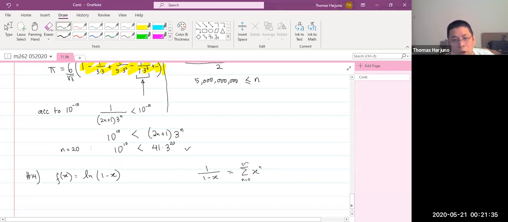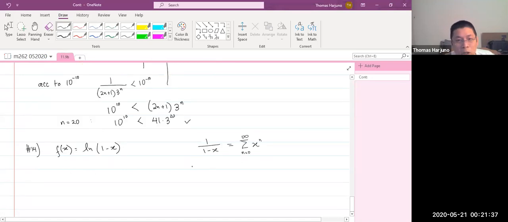So what is the integral of this? The integral of 1 over 1 minus x dx will be the negative of ln(1 minus x). Is it right? Try to integrate that.